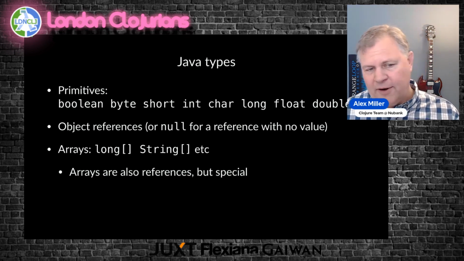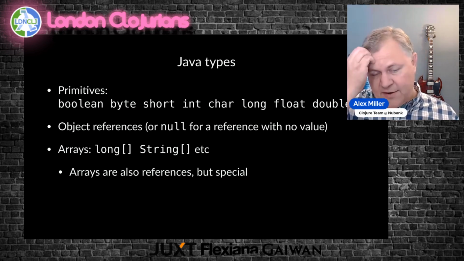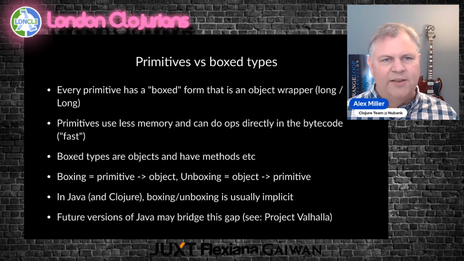They are references, but they are references of some other type, and they have some special fields and some special handling. I'm actually not going to talk about arrays a ton. We'll talk about it a little bit, but that's one major area that I have omitted from this talk mostly. So that's maybe a gap. I'll tell you up front.